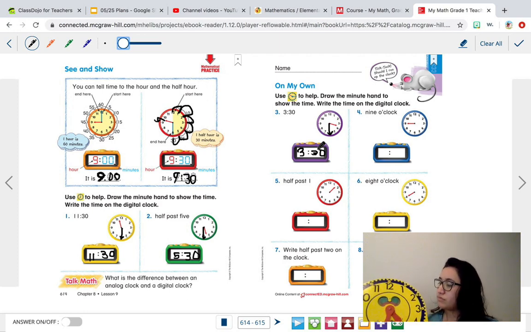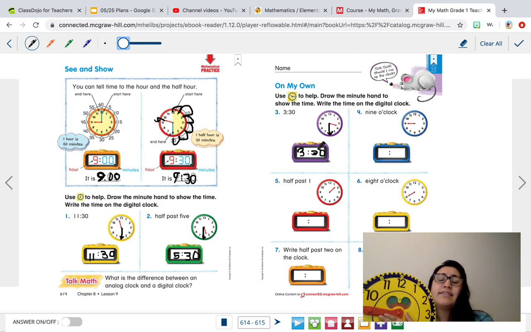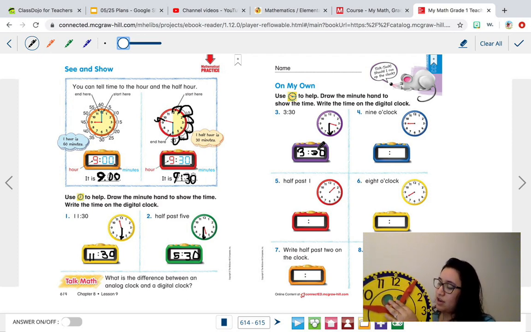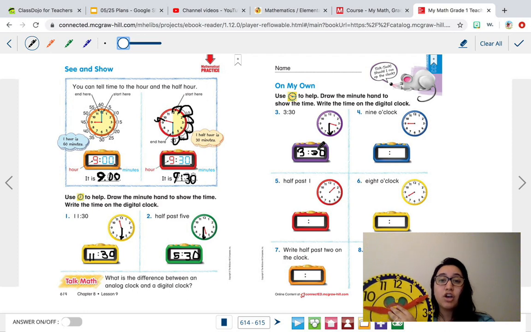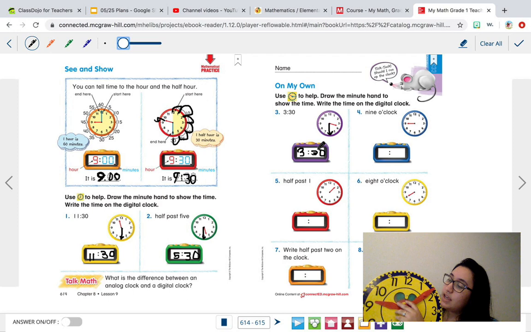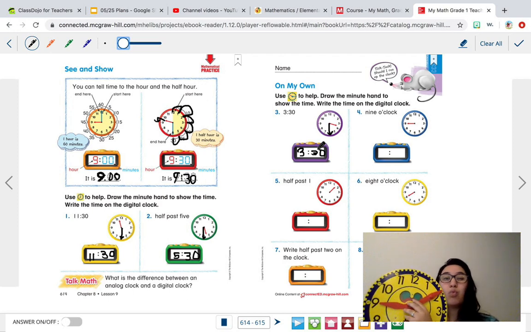Now we need to get to 9 o'clock. So we know our hour hand is going to be at the 9, okay? And then it's 9:00, 9 o'clock. Not 9:05, not 9:10, 9 o'clock. So whenever it's the top of the hour, meaning that the hour just started, the hour hand is always going to be right on it.